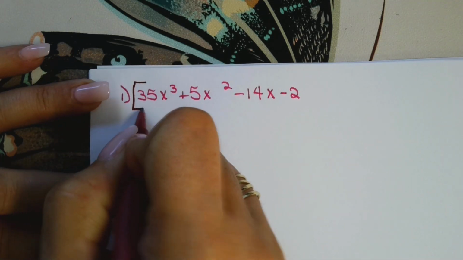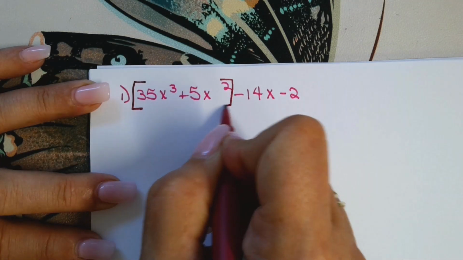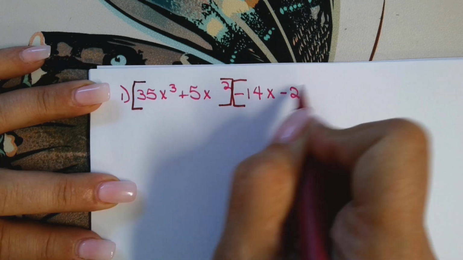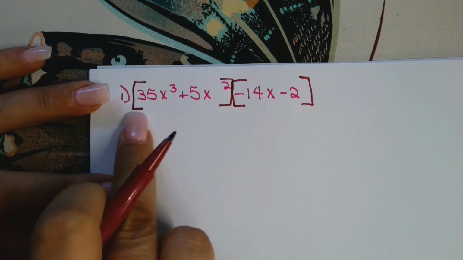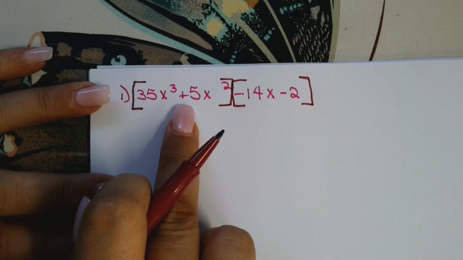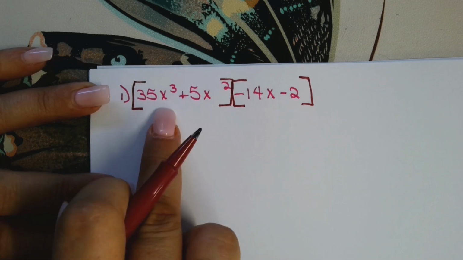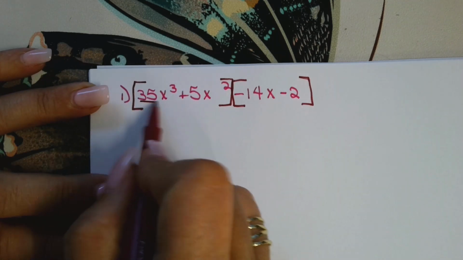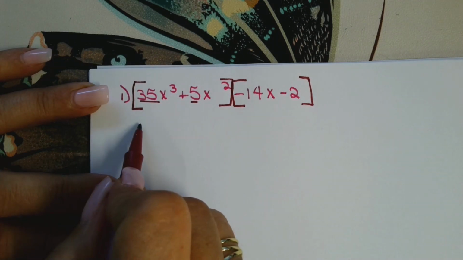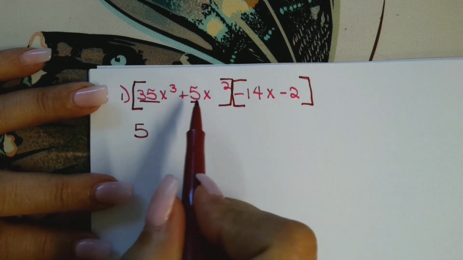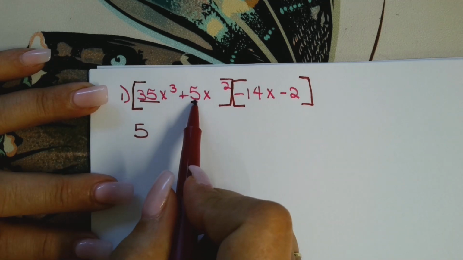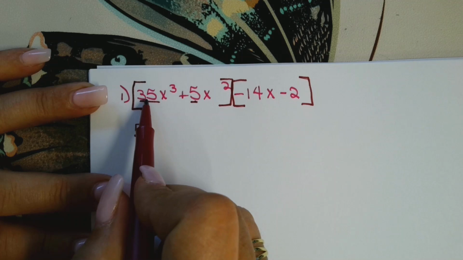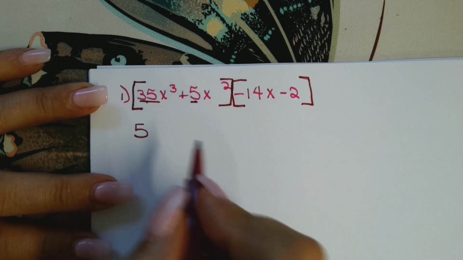We are going to group these 2 guys together and these 2 guys together. And when you look at these first 2 terms, you are going to pull out, or factor out, the greatest common factor. From 35 and 5, the greatest common factor is a 5. What that means is that I can pull a 5 out of 5 and get 1, and I can pull a 5 out of 35 and get 7.